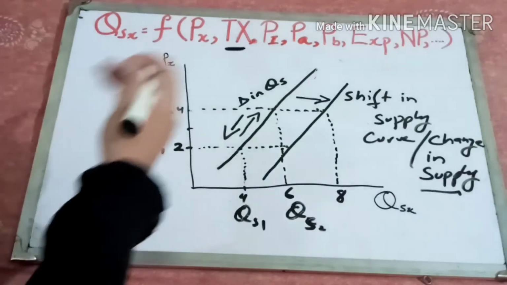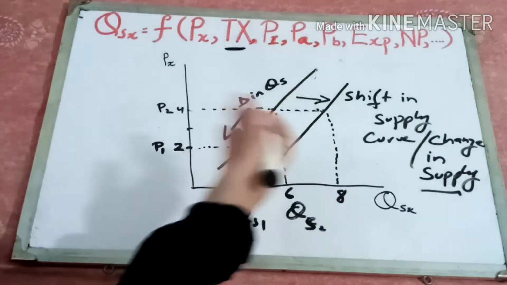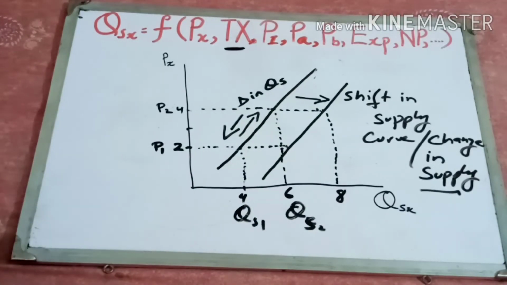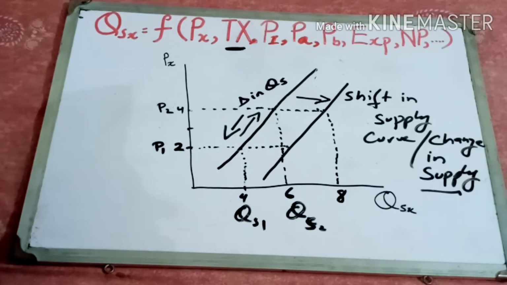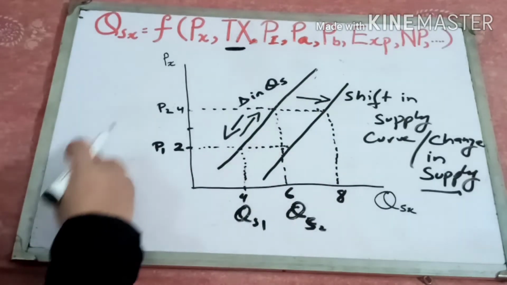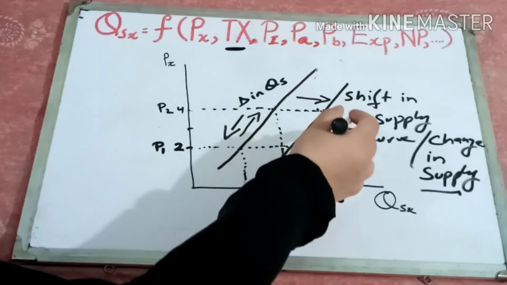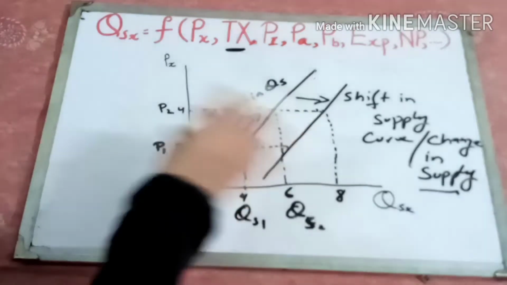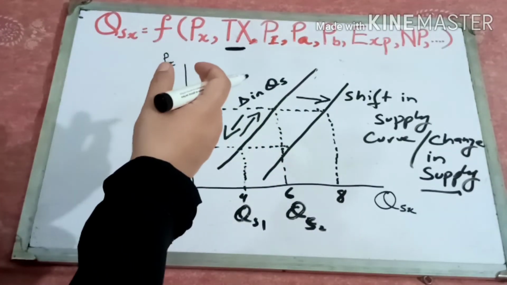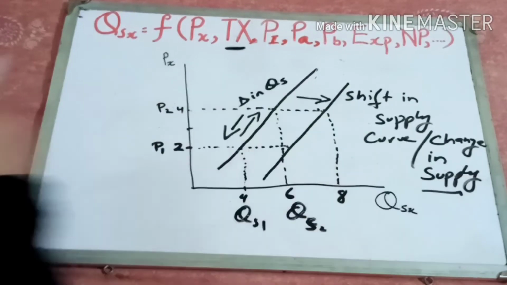Now we would see the effects of the other factors also, and how they are going to shift the supply curve either outwards or inwards. Now if you have seen my previous video regarding the demand function, this distinction between the change in quantity supplied and a change in supply is analogous to the distinction between the change in quantity demanded and a change in demand.